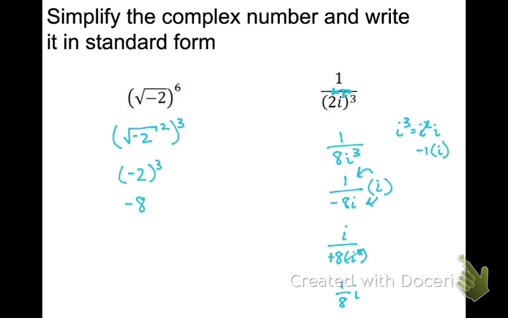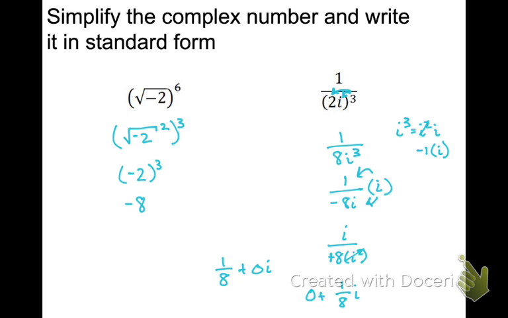That's how I put it in. The only time you'd say plus 0I is if the answer came out to just 1/8. Now, if this said write it as a complex number, this would be 0 plus 1/8 I.